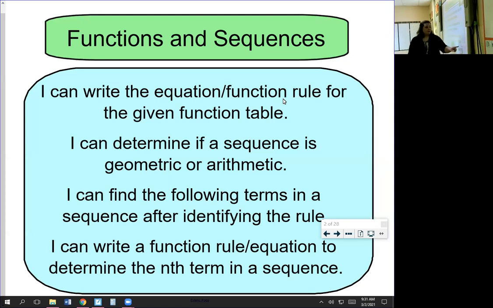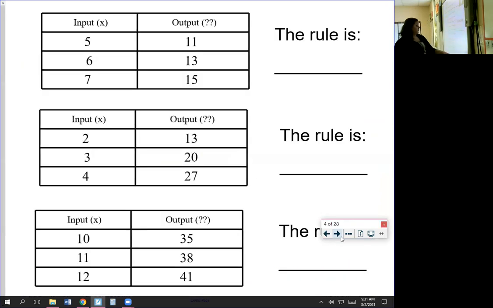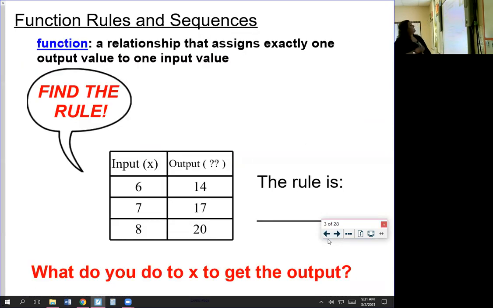For these examples here, again, remember a function is a relationship where there is exactly one output for every input value. So there is one that matches the other for it to be a function.